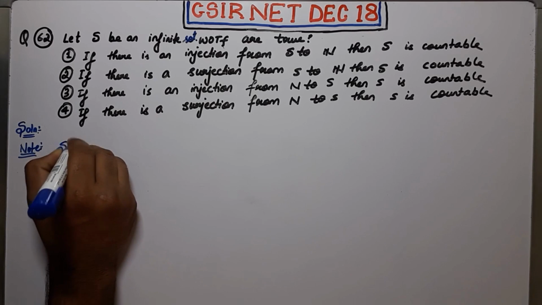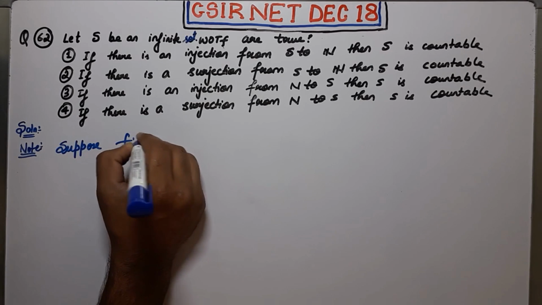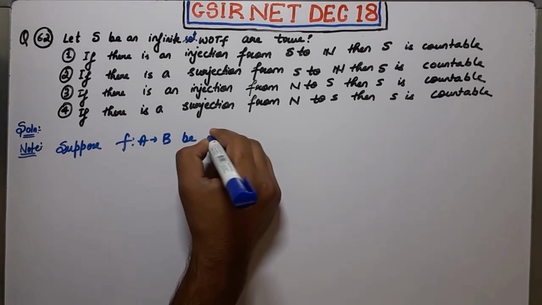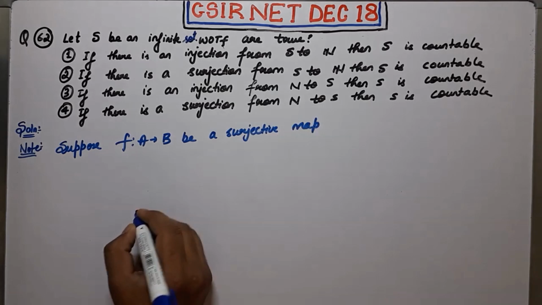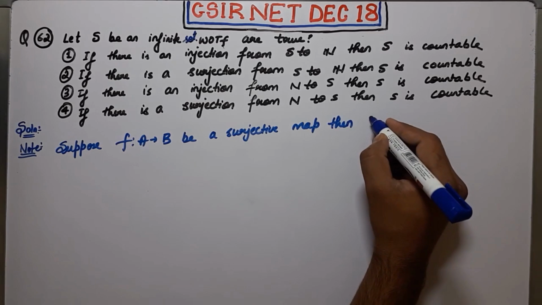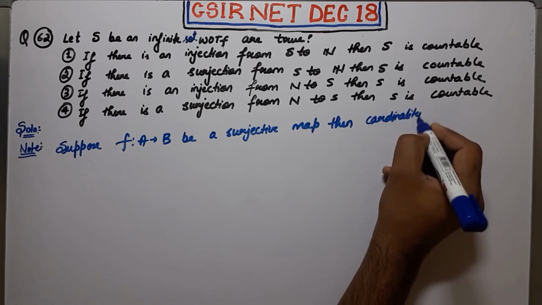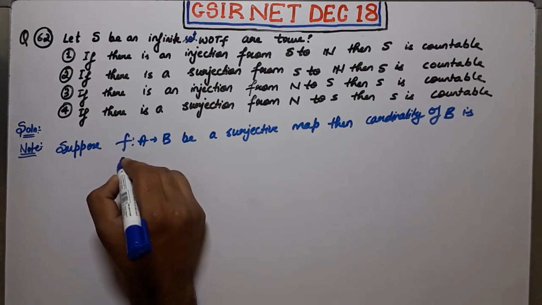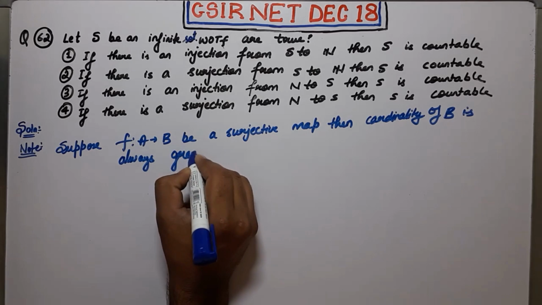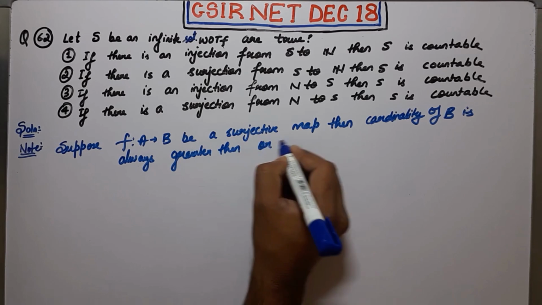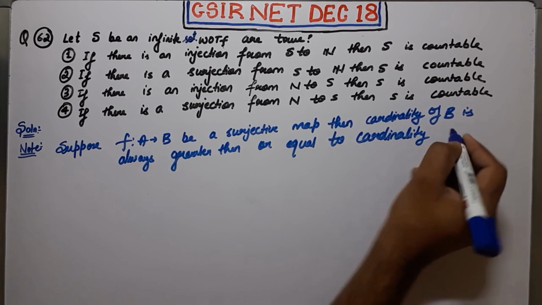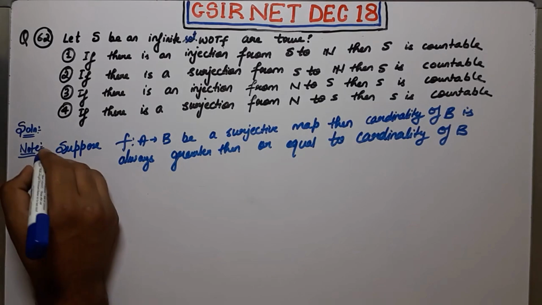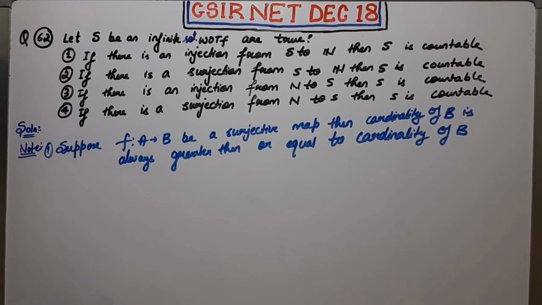Suppose f from A to B is a surjective map, then the cardinality of A is always greater than or equal to the cardinality of B. This first note says that if you have a surjective map, and A and B are both finite, then you can talk about the cardinality.